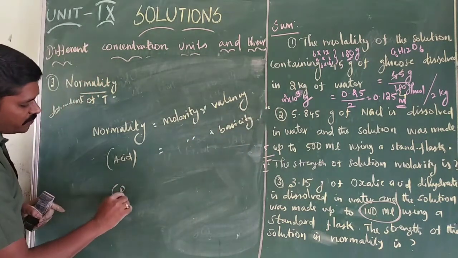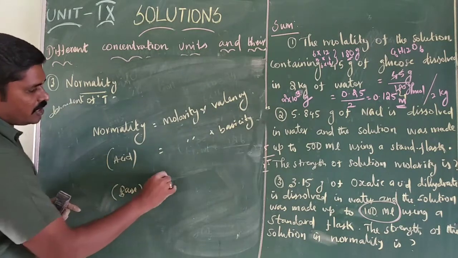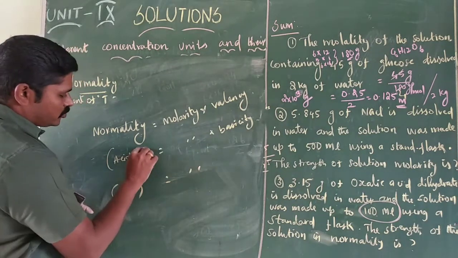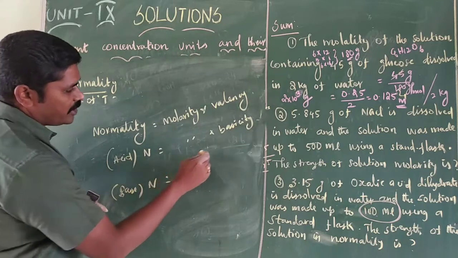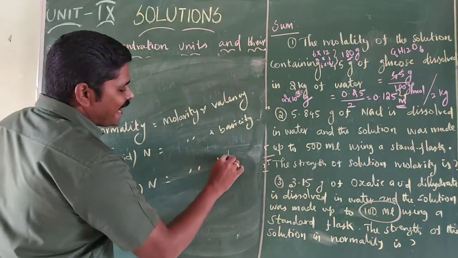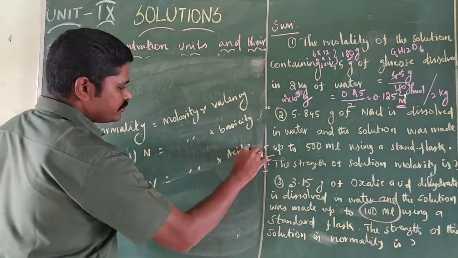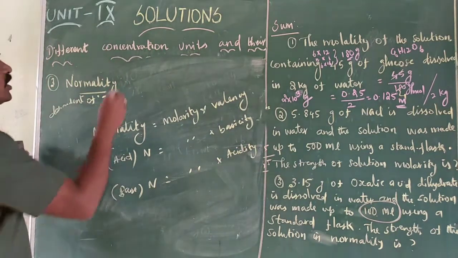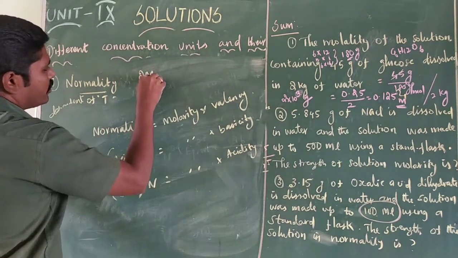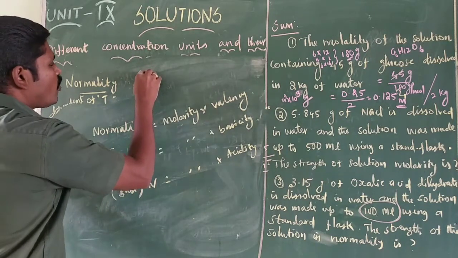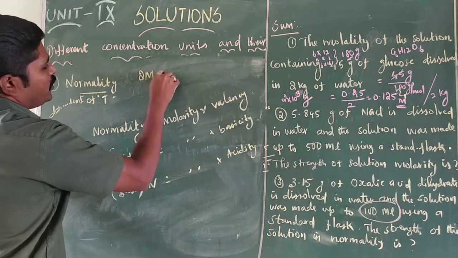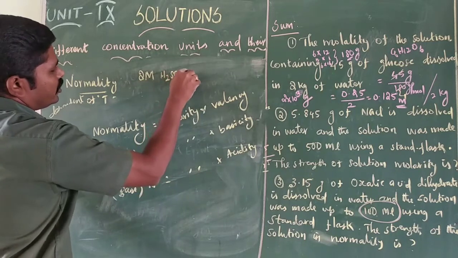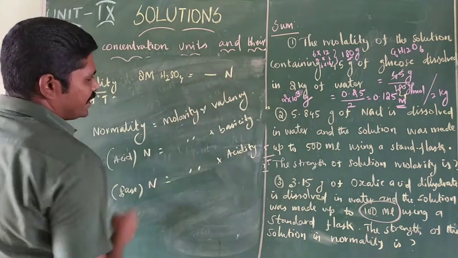Suppose the solution is a basic solution, the molarity, okay, so normality is equal to molarity into acidity. For example, the 2 molarity of sulfuric acid is equal to dash normality.